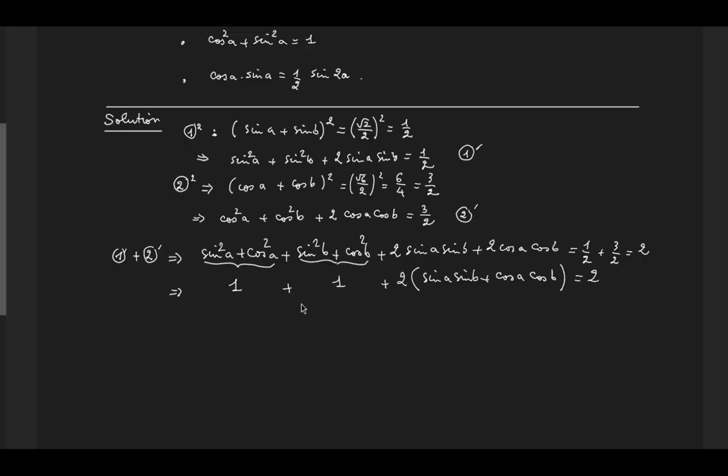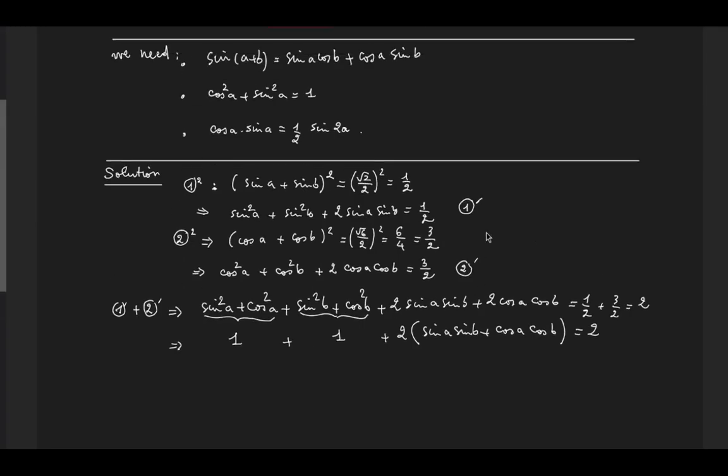Now, this will need also cosine a minus b, which is equal to cosine a cosine b plus sine a sine b. This is exactly the same expression inside the parentheses.